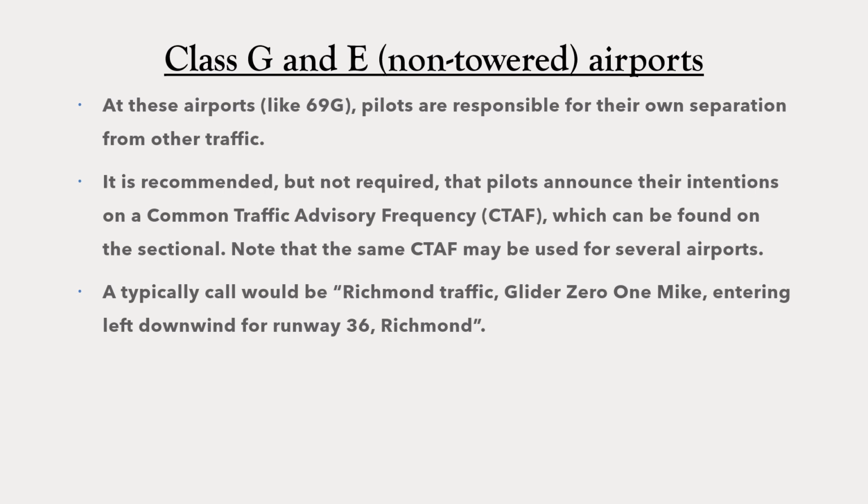Usually follow that with what you intend to do, although when you're entering left downwind for 36, you don't generally need to say because you're planning to land on 36. That's implicit. And then you finish the broadcast by saying Richmond again. You repeat it at the end.